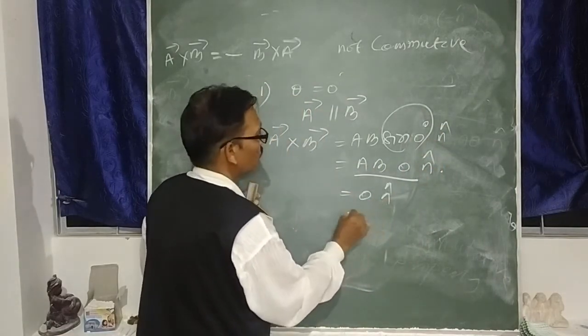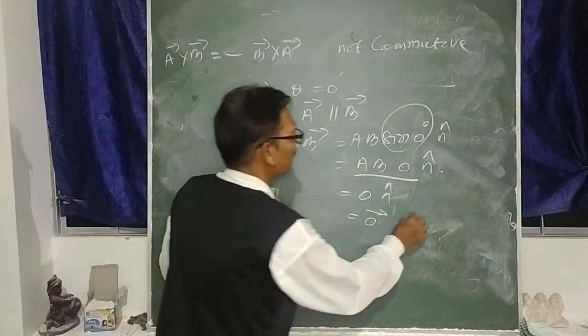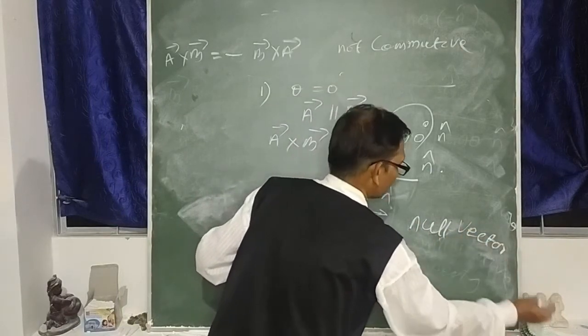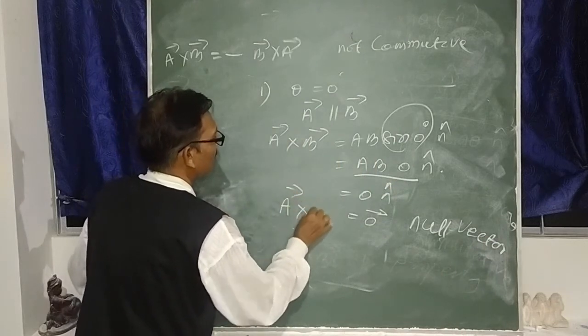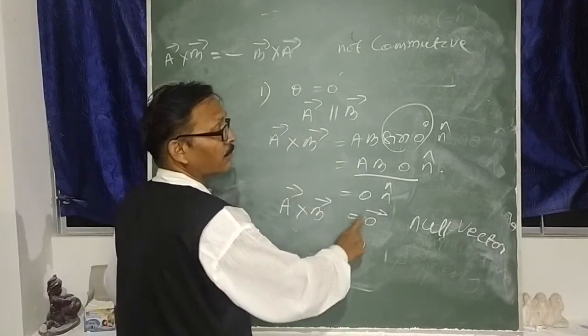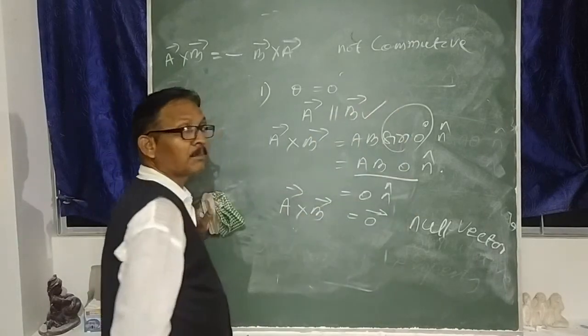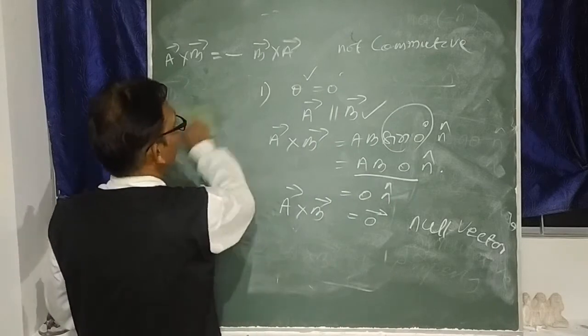This is a vector, so you write this is equal to 0 vector or null vector. The magnitude is 0, called null vector. So A cross B is equal to null vector or 0 vector when two vectors are parallel, that is theta is equal to 0.